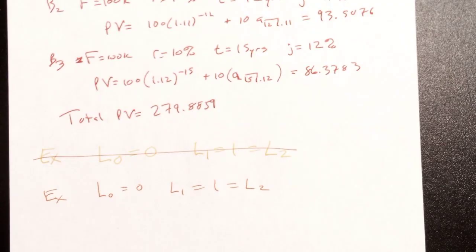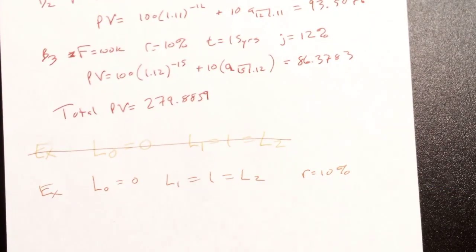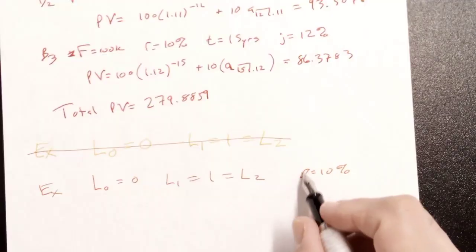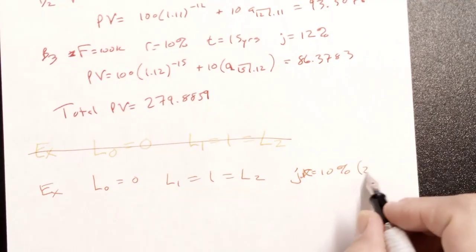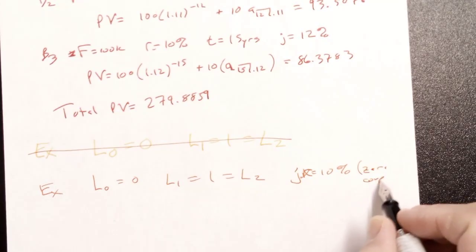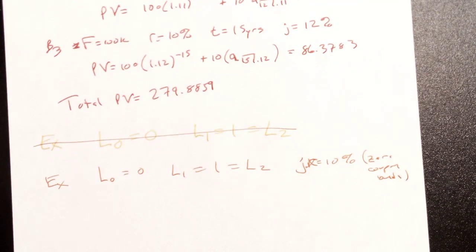And I'm going to have a flat term structure of 10%. I'm sorry, that's the yield. And that's a term structure, so that's for 0 coupon bonds. Those are my spot rate ideas.